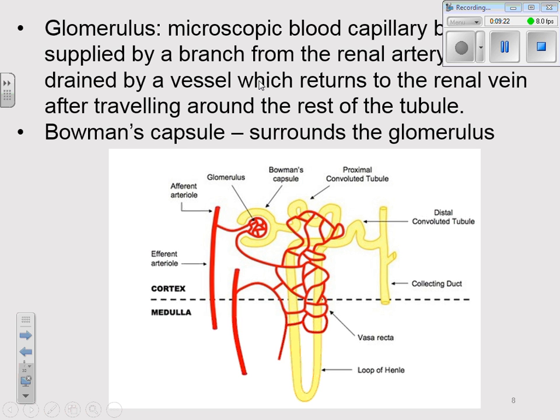So I would rather on this particular image that blood draining away was blue. Now, you won't necessarily be able to identify that on the diagrams that you've got, but you're getting deoxygenated blood, obviously, leaving the kidney. All right, but we've got a lot more to say about this yet.